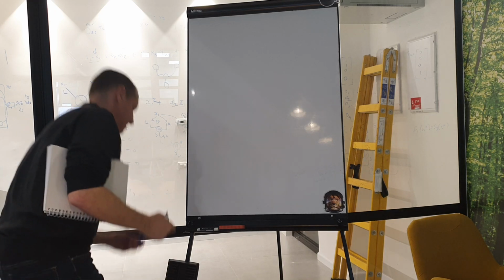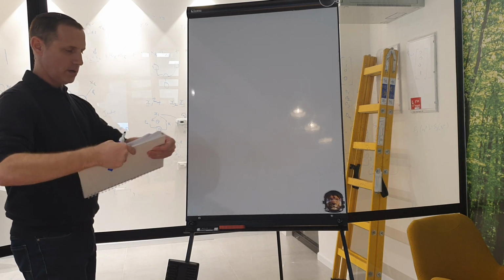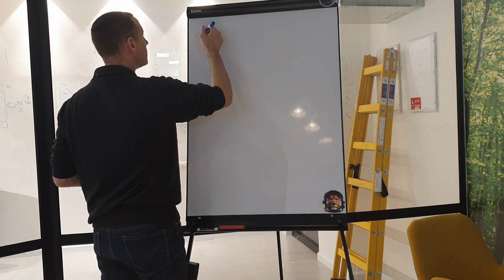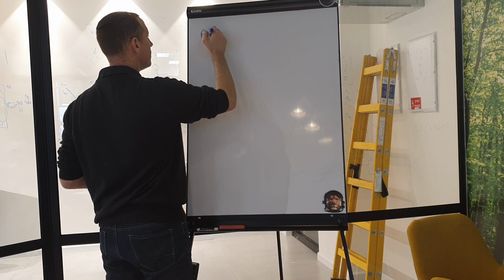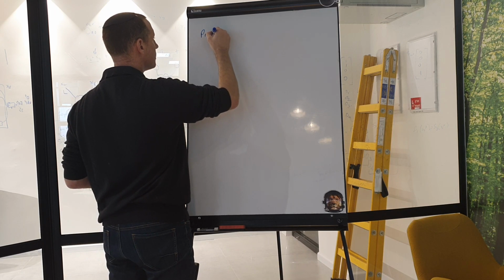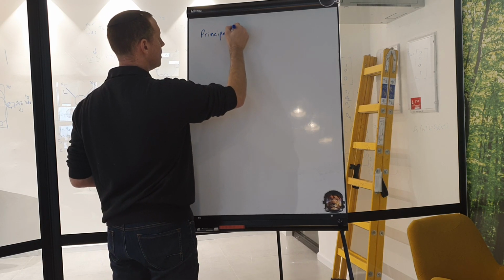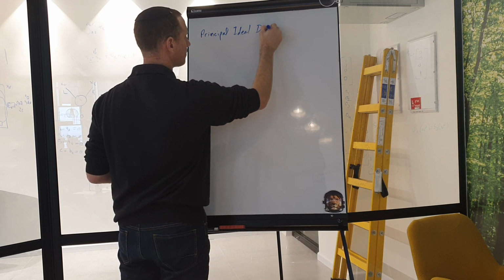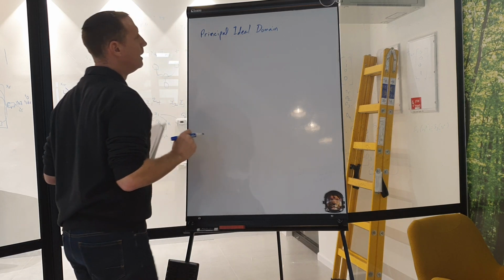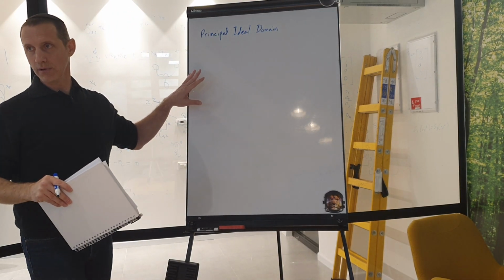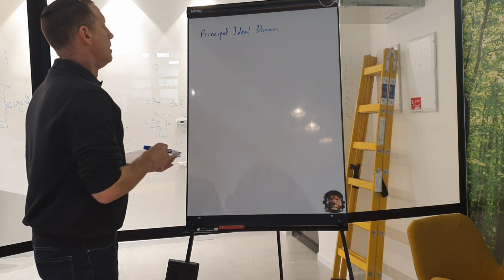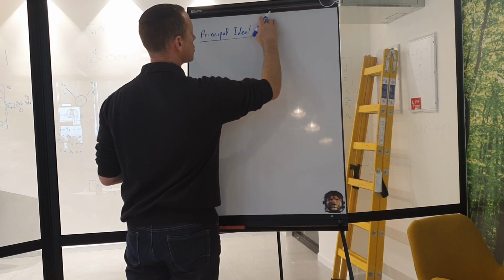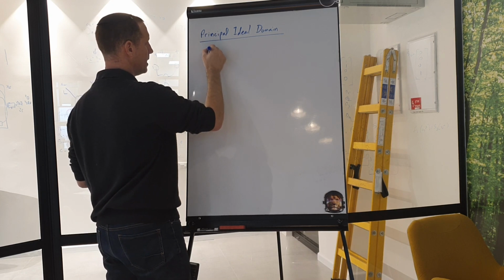Okay. So when we talk about principal ideals, we can talk about a principal ideal domain. This is also a type of ring. Now, a principal ideal domain is actually an integral domain.